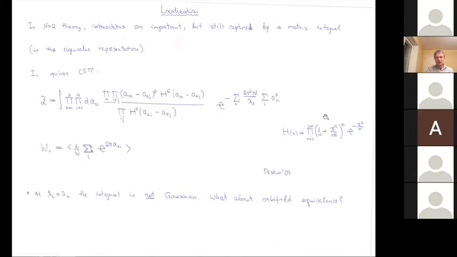Instead of the Gaussian matrix model, one gets this integral to compute, and in principle, it works for any theory with N equals 2 supersymmetry, conformal or not. Here I only give the formula for the quiver CFT, but in principle, one can compute it for anything else. And so you see that the Boltzmann weight is still Gaussian, but the measure is not.